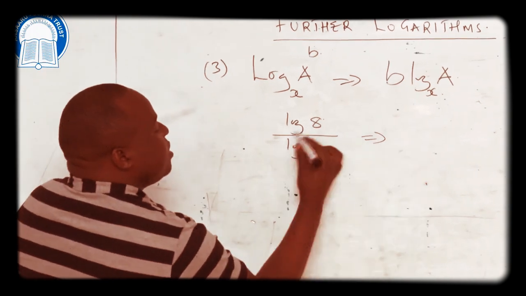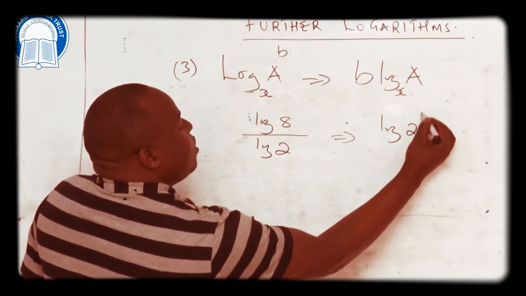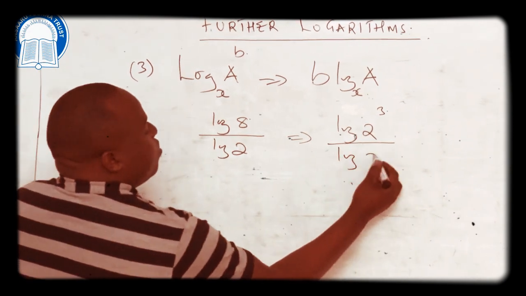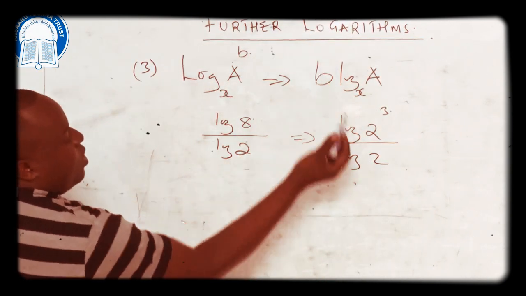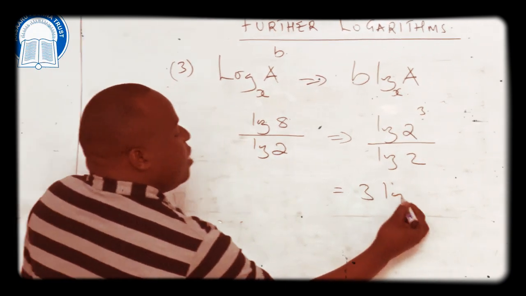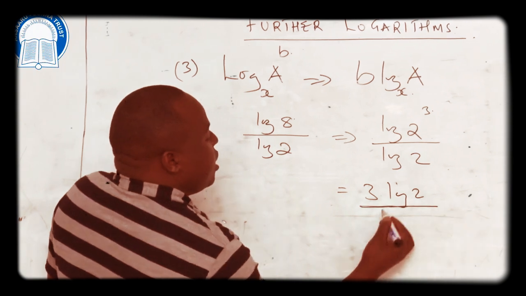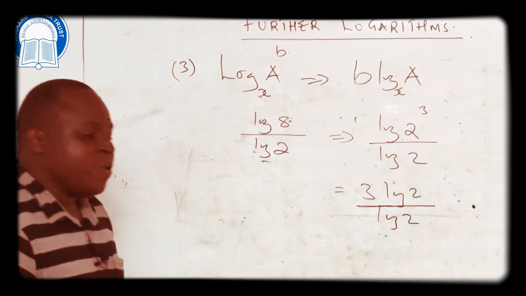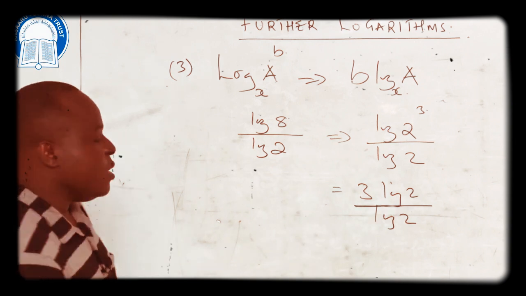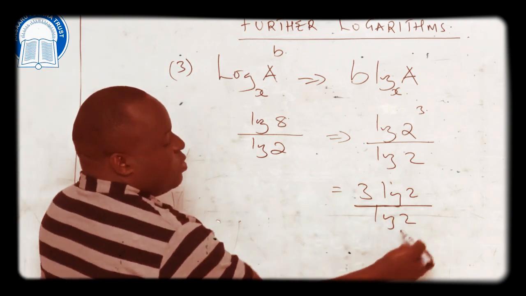Then this becomes log 2 raised to 3 over log 2. But then, according to the law, the power becomes the coefficient, which should be 3 log 2, then over log 2. Now we all know that when you're dividing same values, the answer becomes 1. So when you divide log 2 and log 2, it's 1.